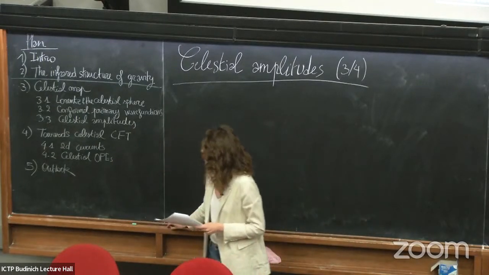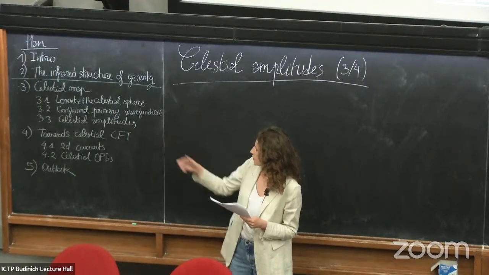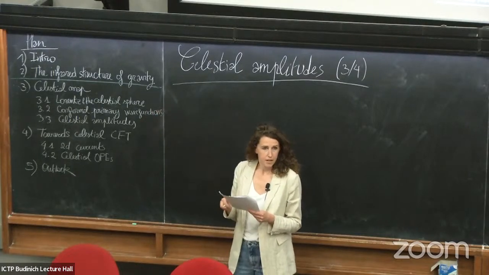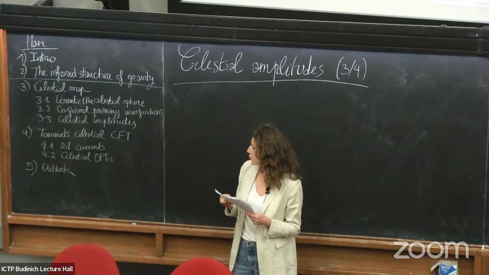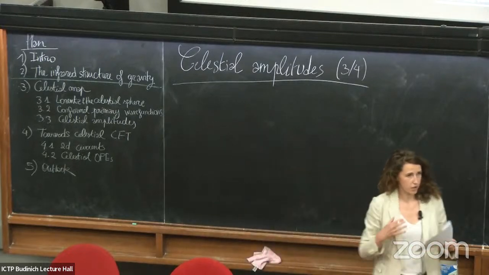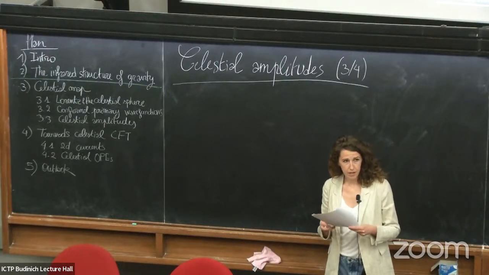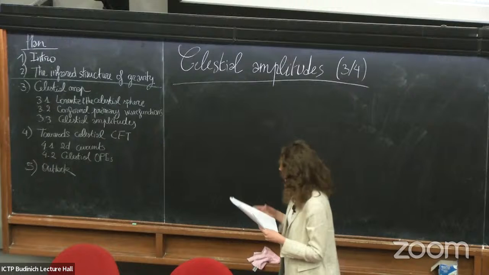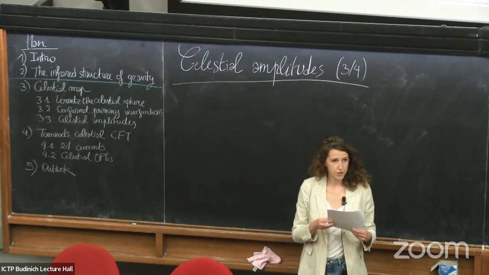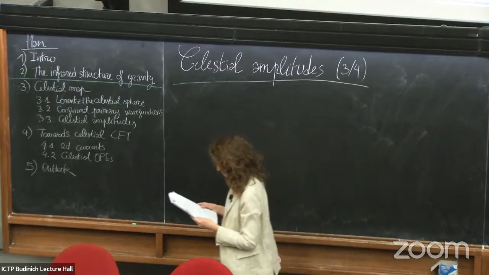And today we will go to the definition of celestial amplitudes, and we will see that this essentially amounts to a very nice way of organizing scattering elements in flat spacetime, which will make the SL2C transformation of the Lorentz group very manifest.